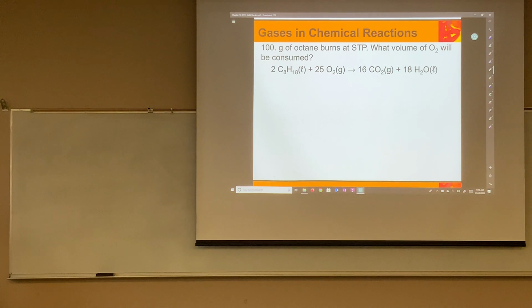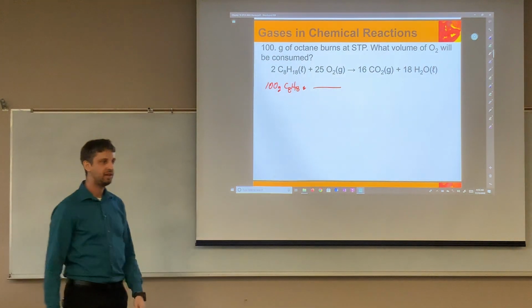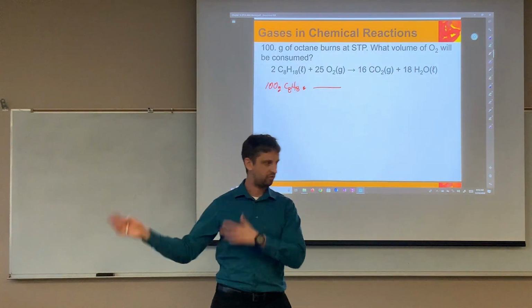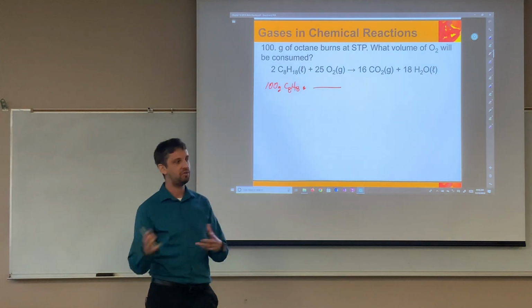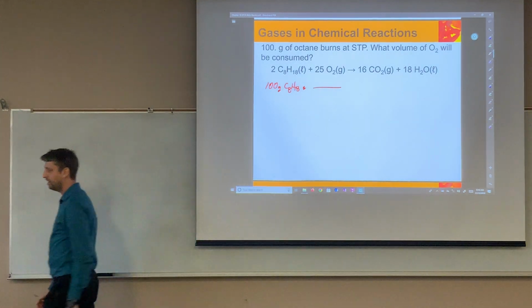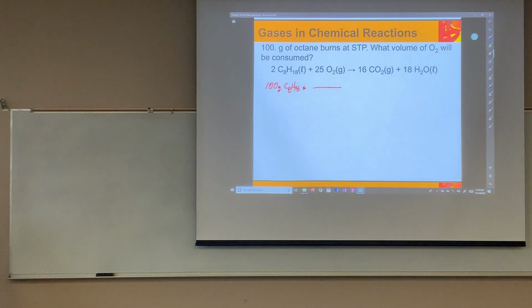Slowly making our way back into math mode here, huh? So 100 grams of our octane here, C8H18. Remember, one of our principal things that we learn in Gen Chem is that to convert grams into moles, moles are the things that we can compare and put into equations. So to convert grams into moles, we need to know our molar mass.